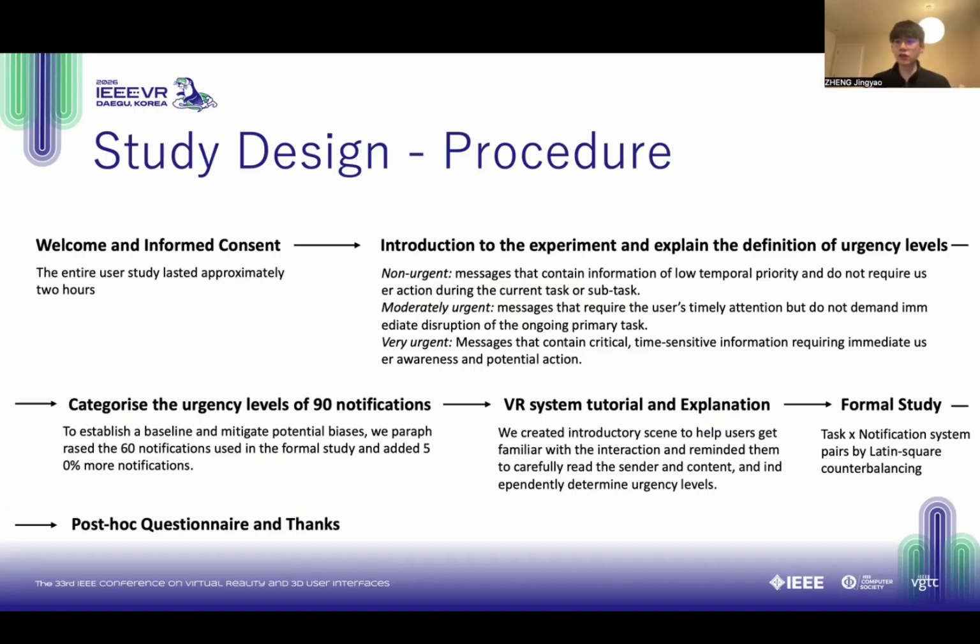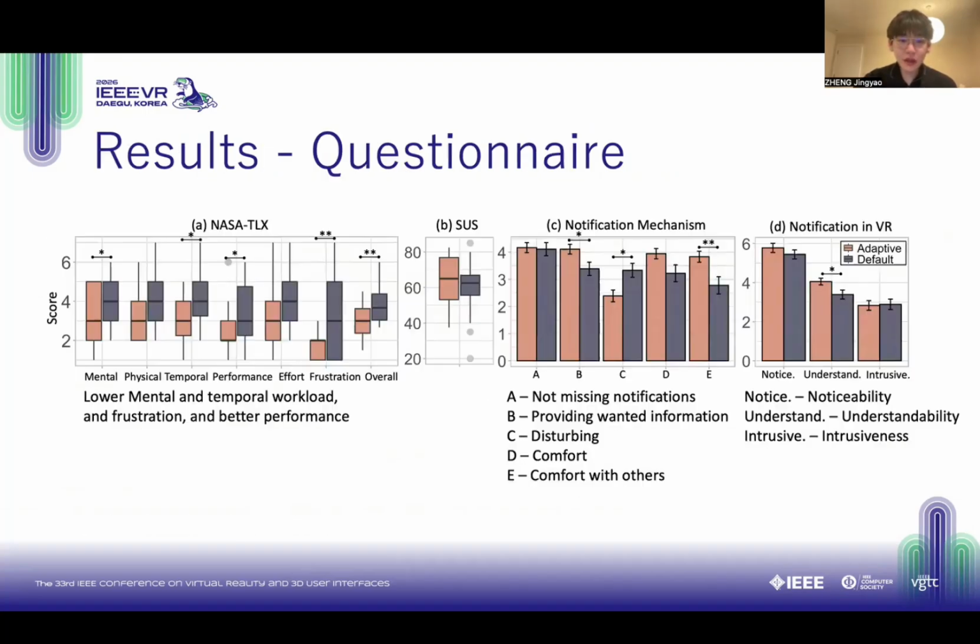If they consider a notification non-urgent, even though the system considers it urgent, it's totally fine. They can just dismiss it or simply ignore it. Then for the formal study, we use Latin square counterbalancing, followed by the post hoc questionnaire. And thanks to all the users for participating in the user study.